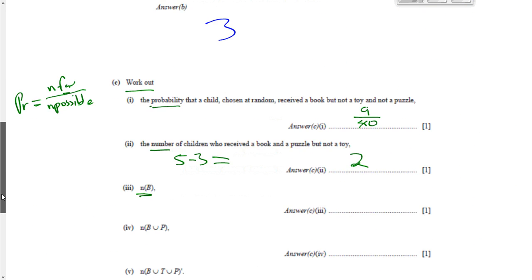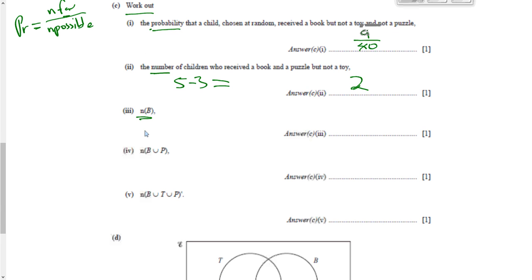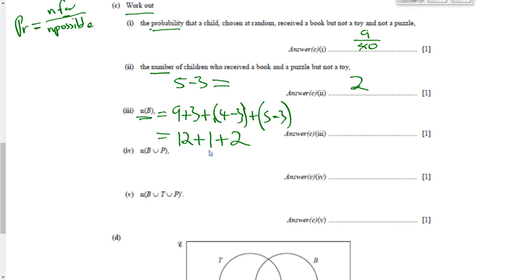So the number of B is 9 plus 3 that got all 3, plus 4 minus 3, plus 5 minus 3. 9 plus 3 is 12, plus 1, plus 2, is 15.